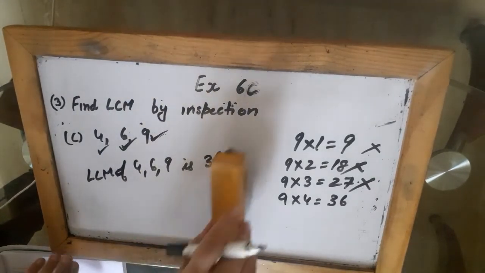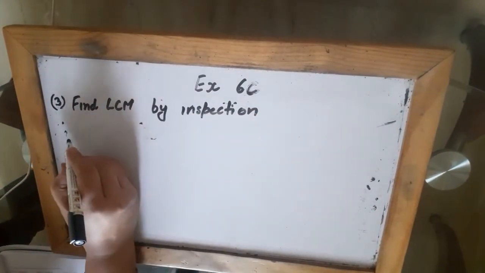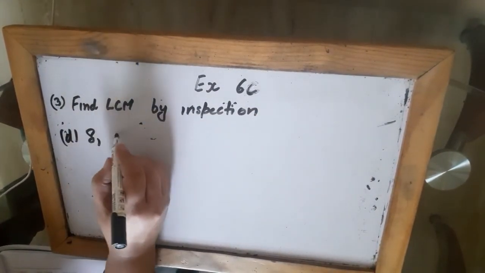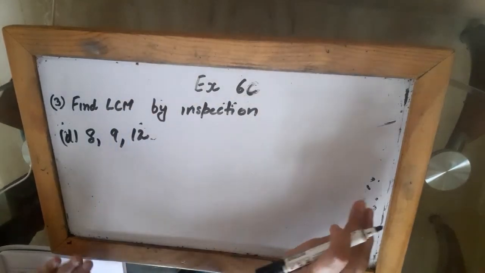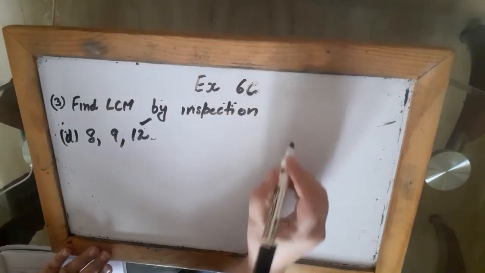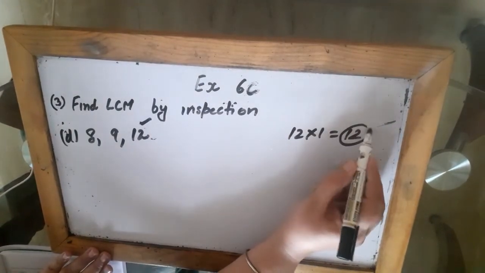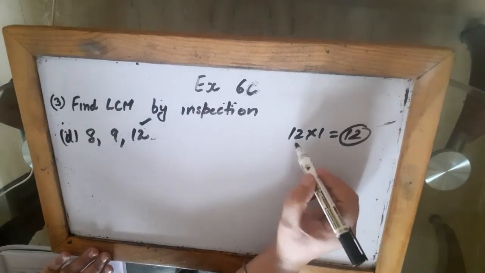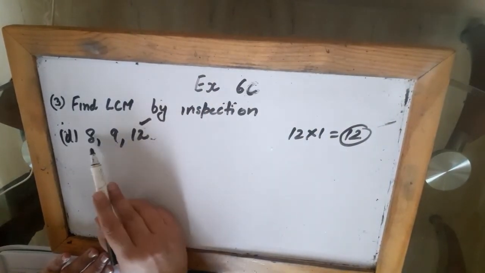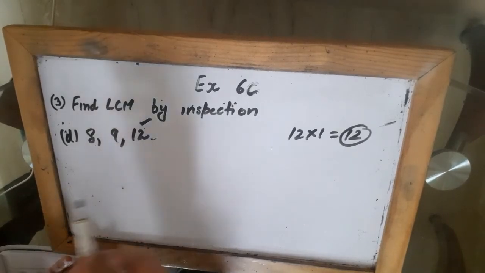Now let me take one more example. Now let me take the D part of this: 8, 9 and 12. So I will start writing a table of the largest number, which is 12. So 12 ones are 12. Now is this 12, which is a multiple of 12, a multiple of 9 and 8 also? No, we don't get 12 on the table of 9 and 8.